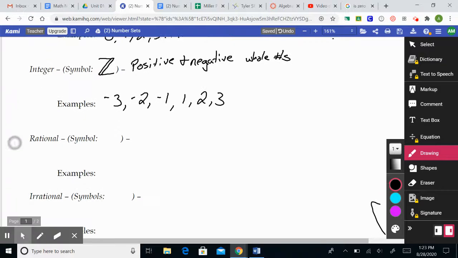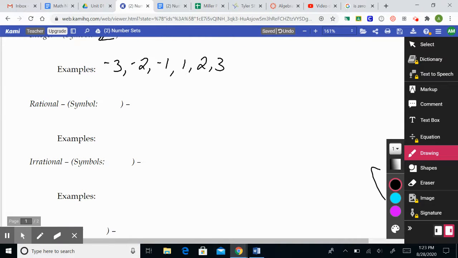Okay. Now we have rational numbers. The symbol is a Q with this bar here.